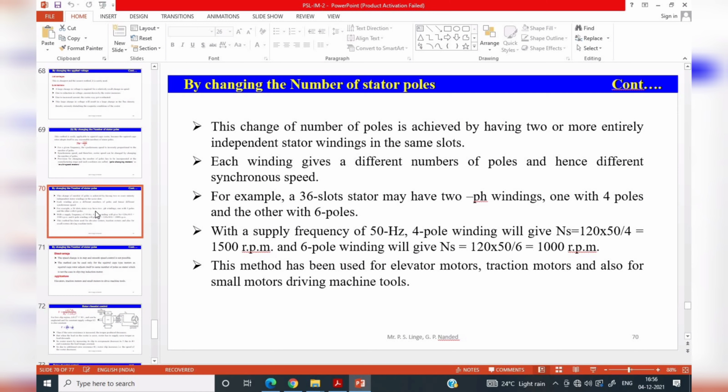With a 50 Hz supply, the 4 pole winding will give a synchronous speed of about 1500 rpm, and the 6 pole winding will give a speed of about 1000 rpm. So this method has been used for elevator motors, traction motors, and also for small motors driving machine tools.